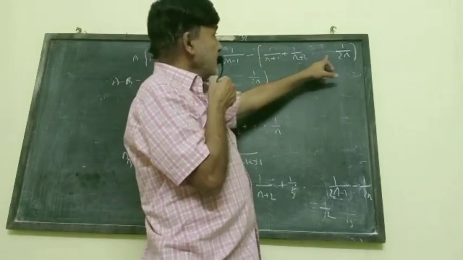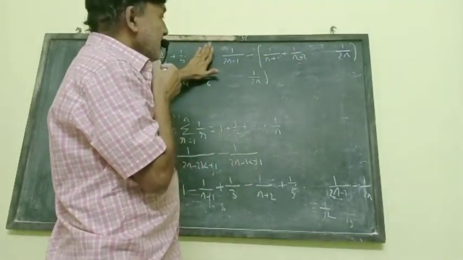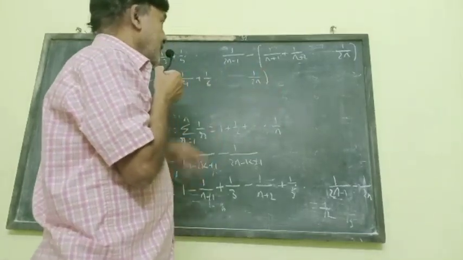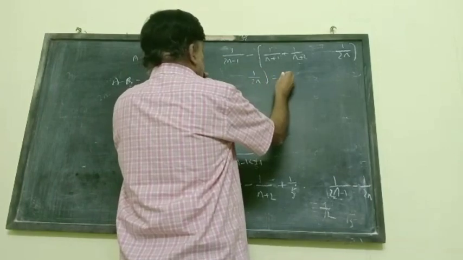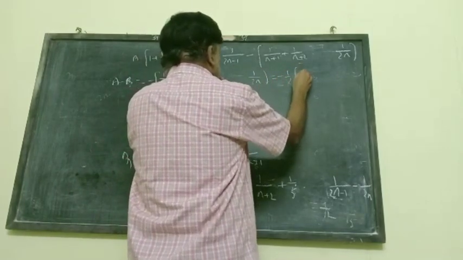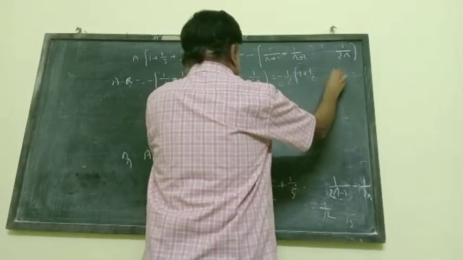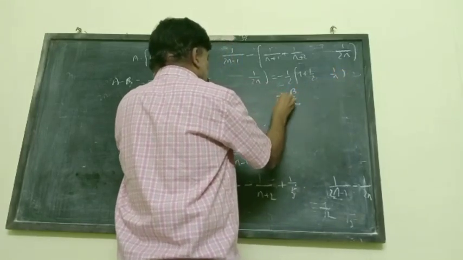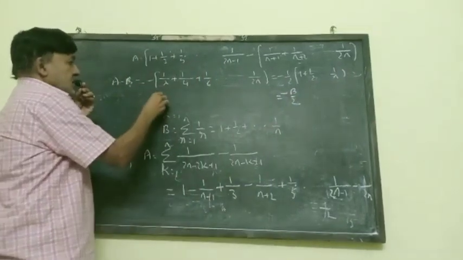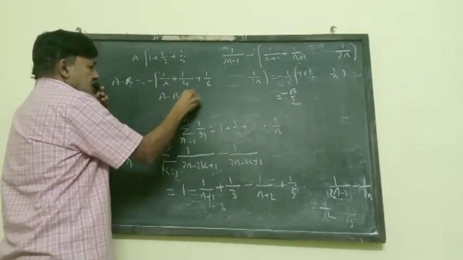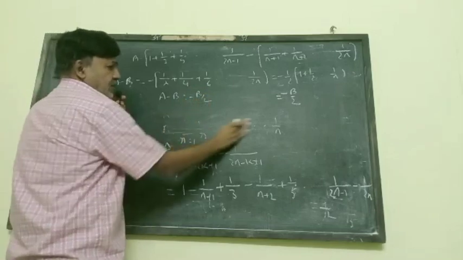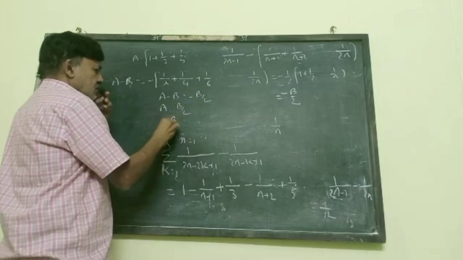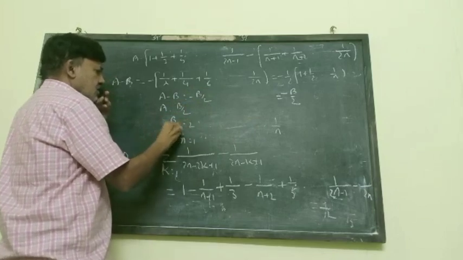Some of the odd terms here will cancel with these odd terms here, and all even terms will come like this. Then this is equivalent to minus 1 by 2 into (1 plus 1 by 2 up to 1 by n), which is nothing but minus B by 2. So you have got A minus B is equal to minus B by 2, so A is equal to B by 2, and B by A is equal to 2.